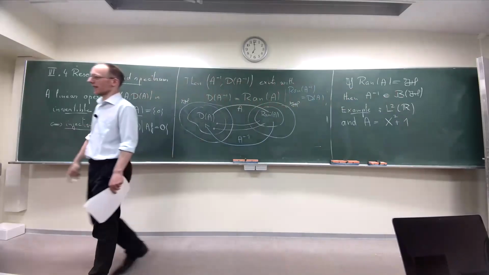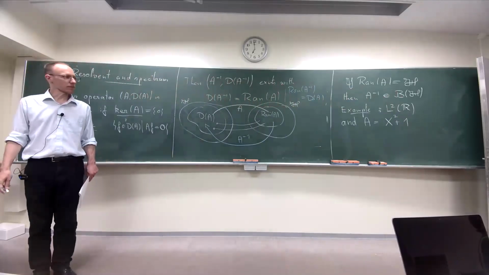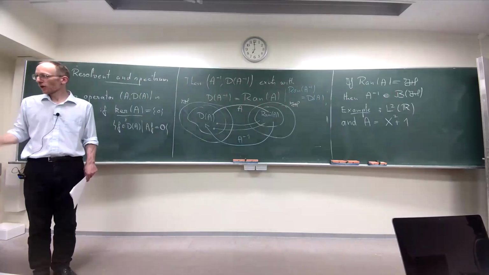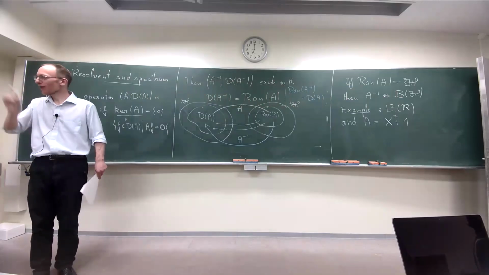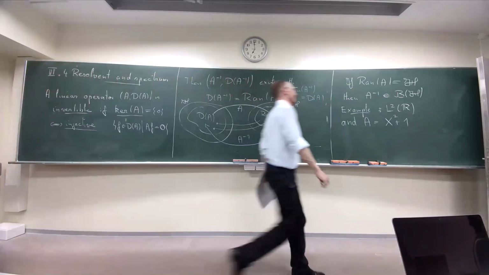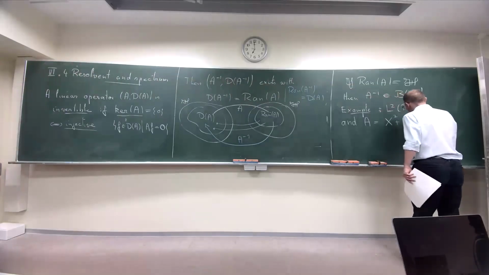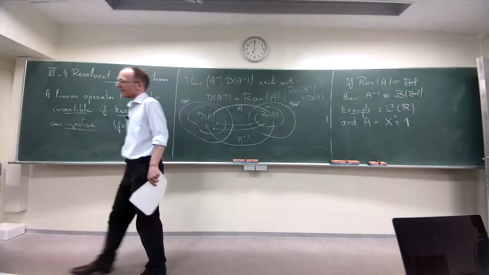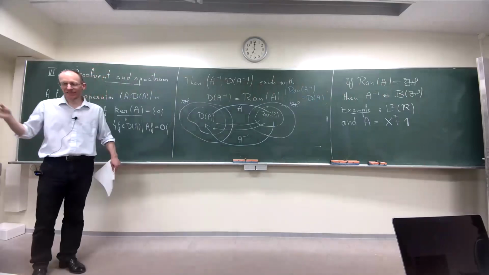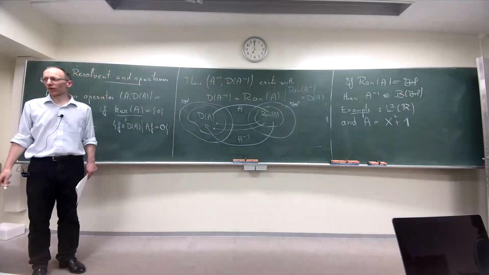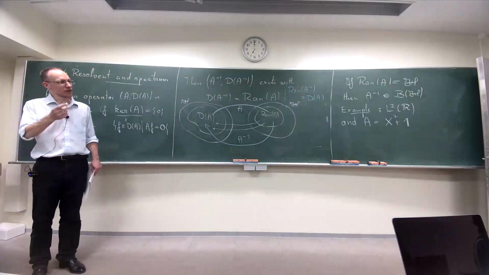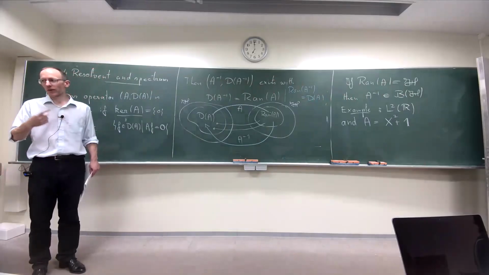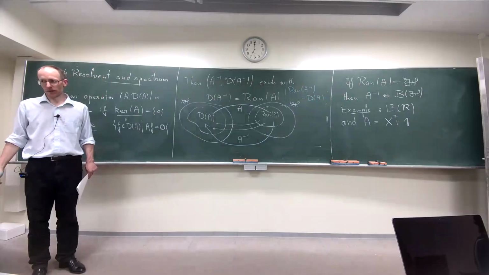I don't want to have negative things. What's 1? The number 1. After 0, you have 1. Really? Yes, it's the identity operator. In fact, we use the same notation. Why do I want this? Because I don't want something which goes through 0.